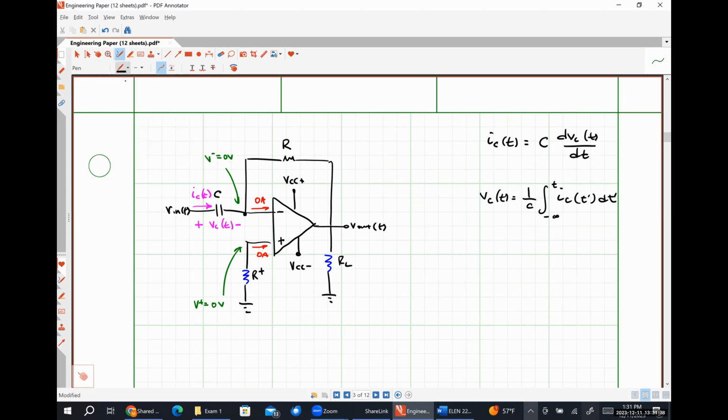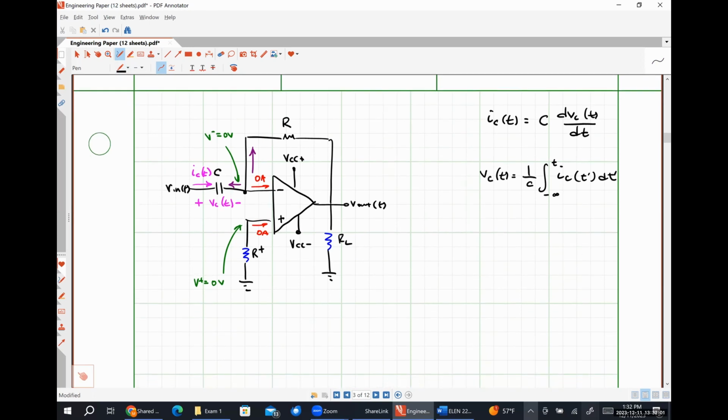And so now I'm going to apply Kirchhoff's current law by adding these currents together. Yeah, I can do it that way. We'll just add an extra simple step. Adding these two currents together that are leaving our inverting input node as we've done previously.